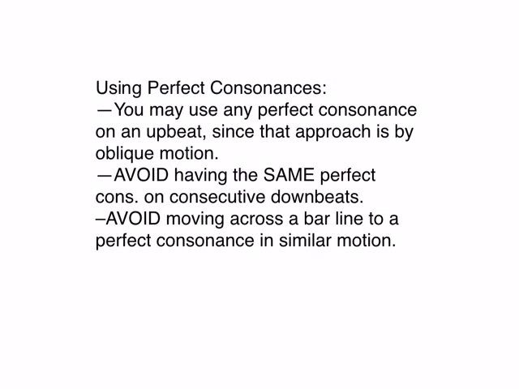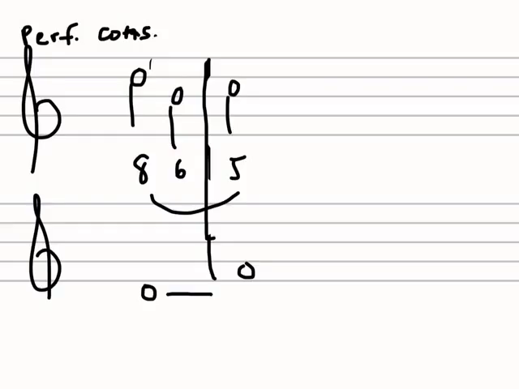The other thing we need to avoid is moving across the bar line to a perfect consonance in similar motion. We're familiar with that from first species. So the example I just showed you, actually, similar motion from the B to the C and from the D to the F. So we would have to rework that.